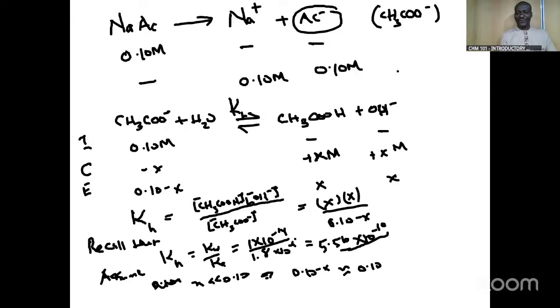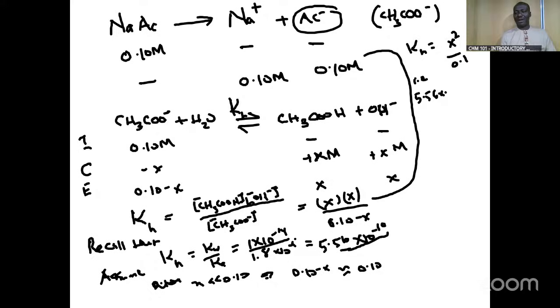So we can write, therefore, that KH will be equal to x squared over 0.1. That is the KH that we have obtained, 5.56 times 10 to the power of minus 10 equals x squared over 0.1.